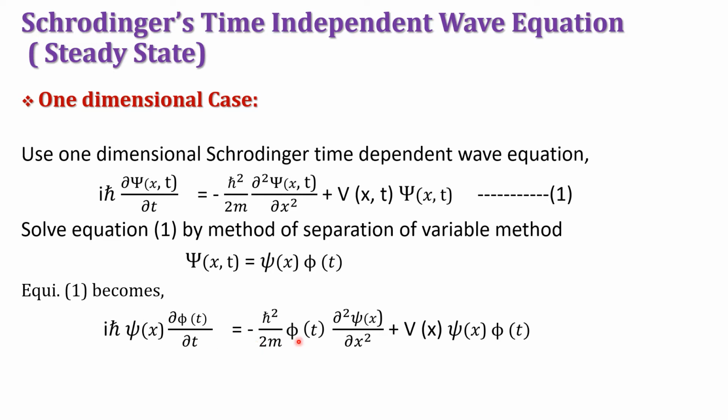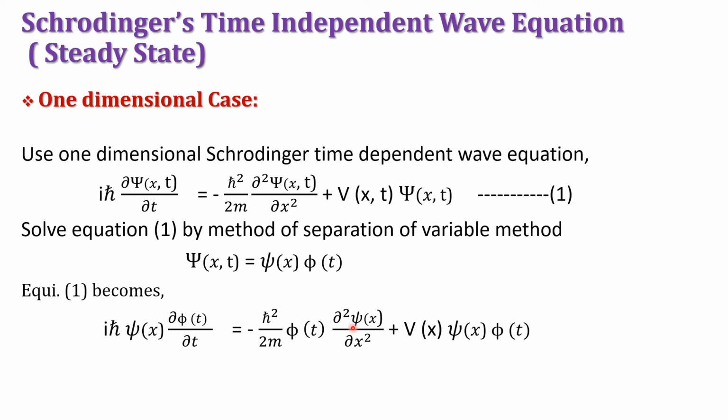On the other side, minus h cross square by 2m into del square psi of x,t by del x square. Here psi of x,t is taken as lowercase psi of x into phi of t. Here differentiation is with respect to x, therefore phi of t is taken outside as a constant.